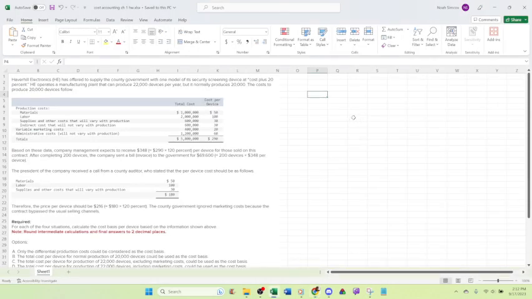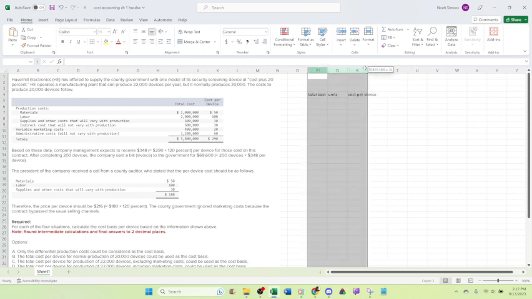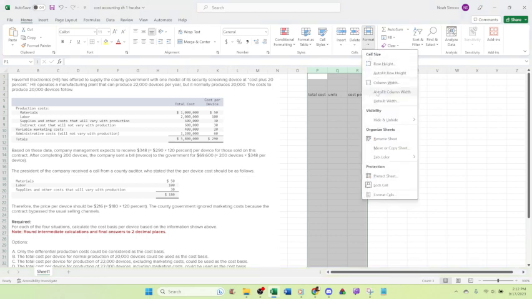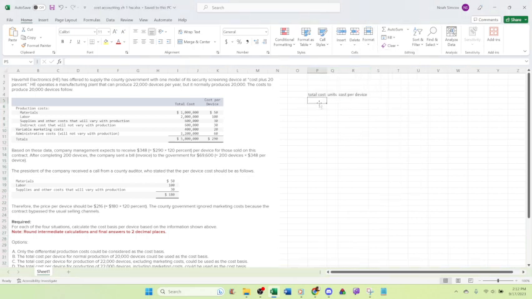If you take, we're going to go cost, total cost, number of units, and then cost per device. In the first example, we had 20,000 units. This time, we have 22,000.